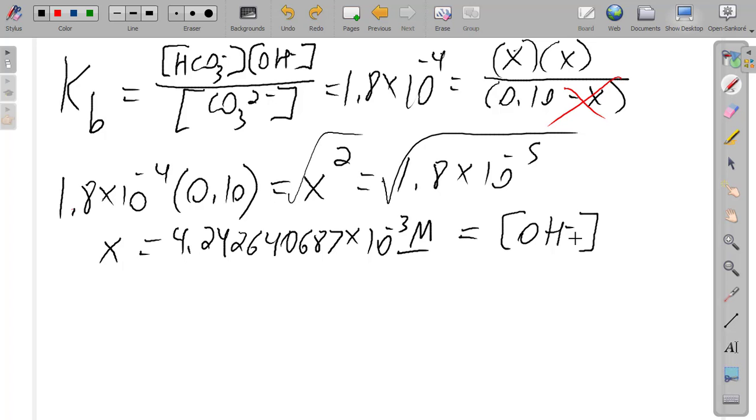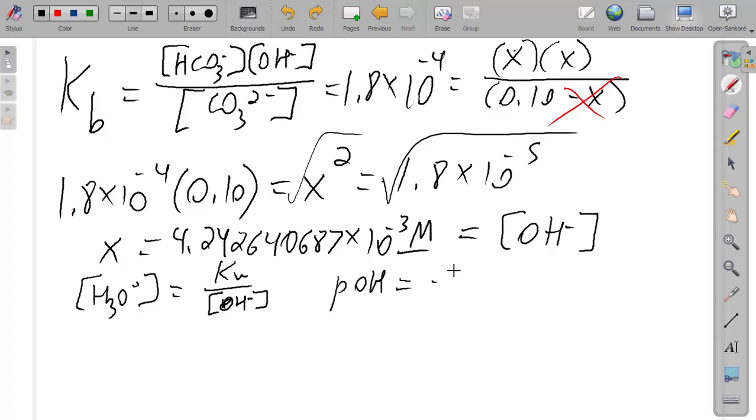So you could either take this, that hydronium equals Kw over hydroxide, or we could just calculate pOH equals the negative log of the OH concentration, and then pH equals 14 minus pOH.